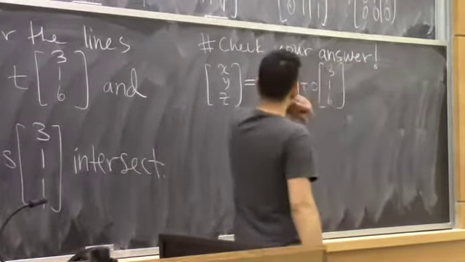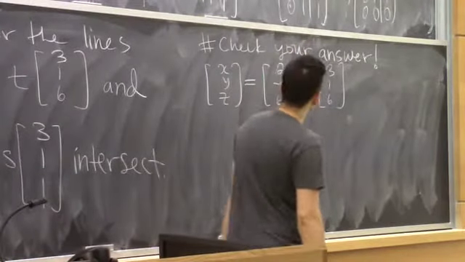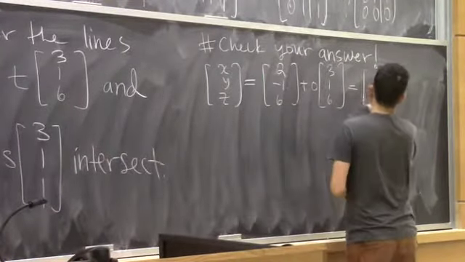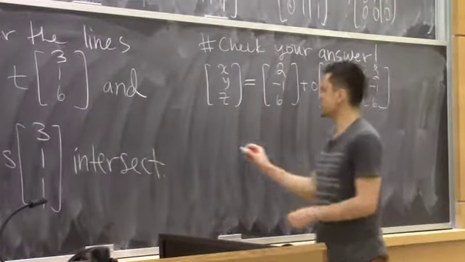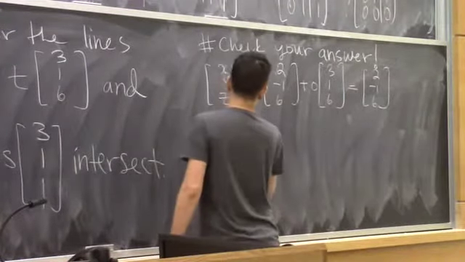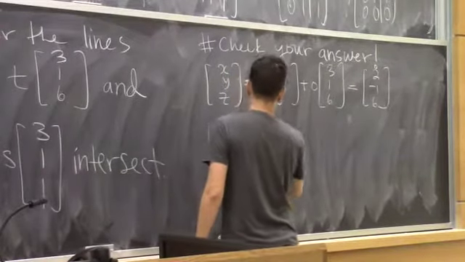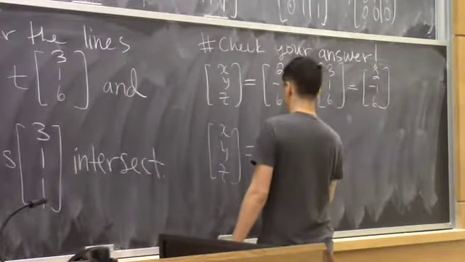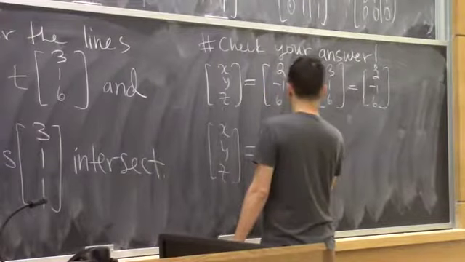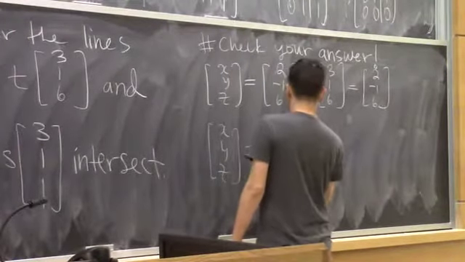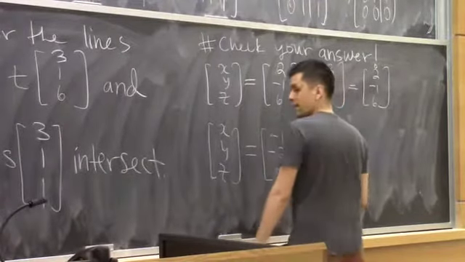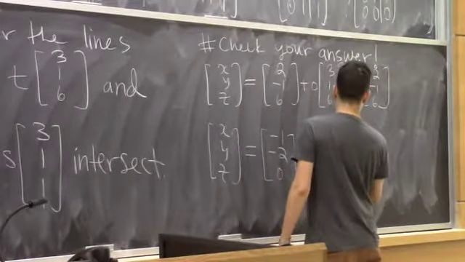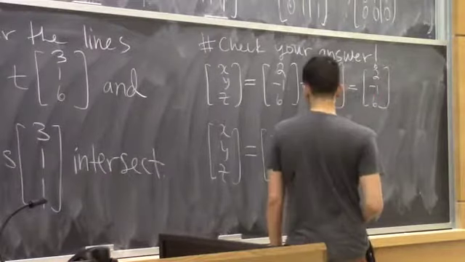So when we put in t equals 0, we get 2, negative 1, 6. Oh, this doesn't look good.